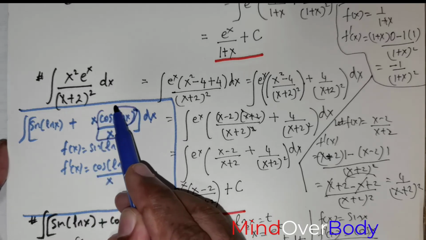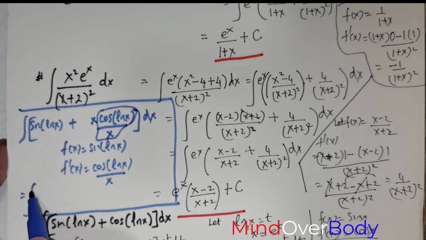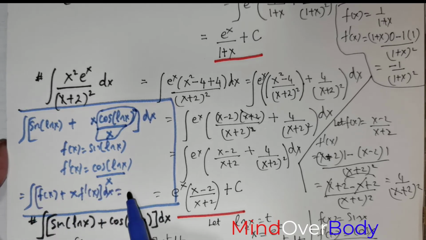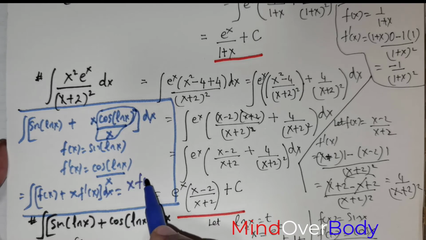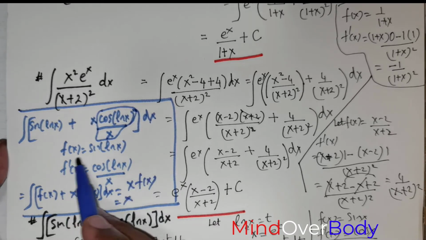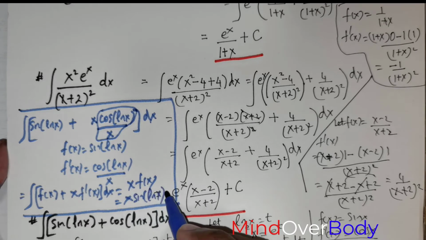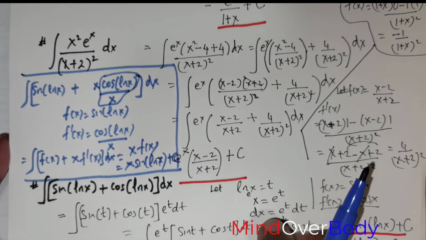This is nothing but f dash of x. So what is this exactly? This is nothing but integral of f of x plus x times f dash of x times dx. And what is this? This is nothing but x times f of x. But what is f of x? F of x is nothing but sine of ln x. So that is going to be x times sine of ln x plus arbitrary constant. You see that?